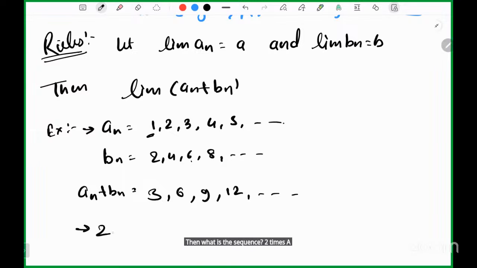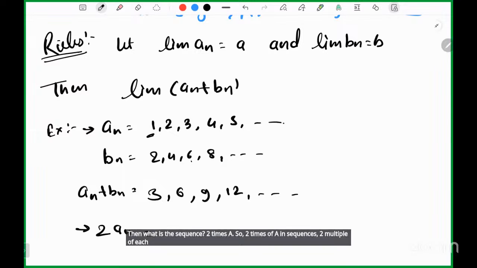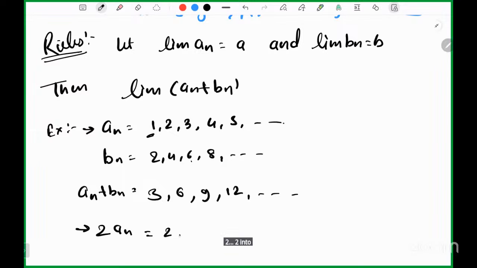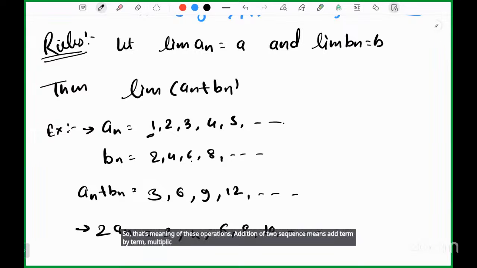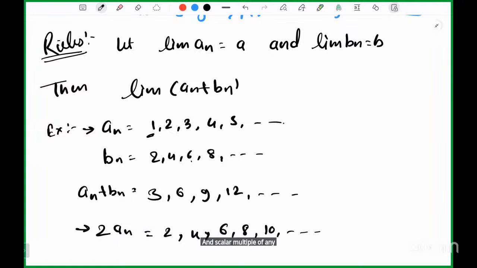It is 2 times each term, that is 2, 4, 6, 8, 10 and so on. So addition of two sequences means add term by term, multiplication means multiply term by term, and scalar multiple of a sequence means multiply that scalar by each and every term. Okay, is that clear?